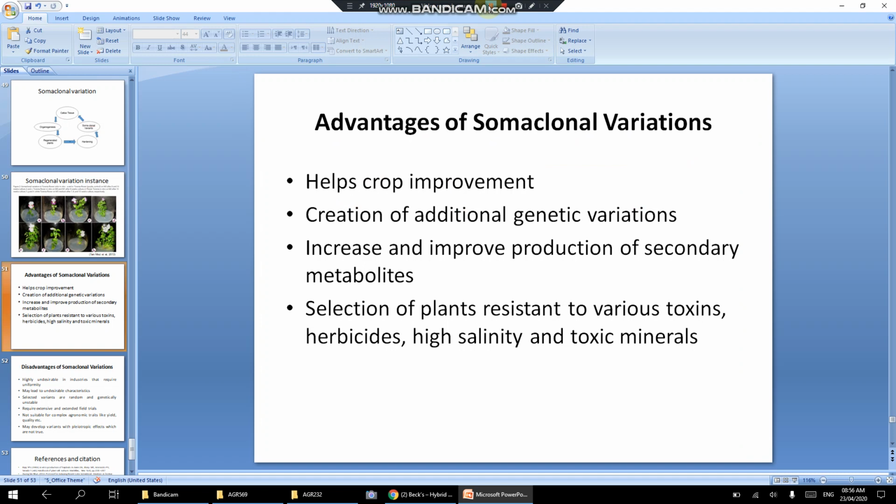The advantage is that it helps in crop improvement, because if you know that one of them has a difference in variation, it could help you produce a new variety without having to put in lots of effort. And creation of additional genetic variation can increase and improve production of secondary metabolites.